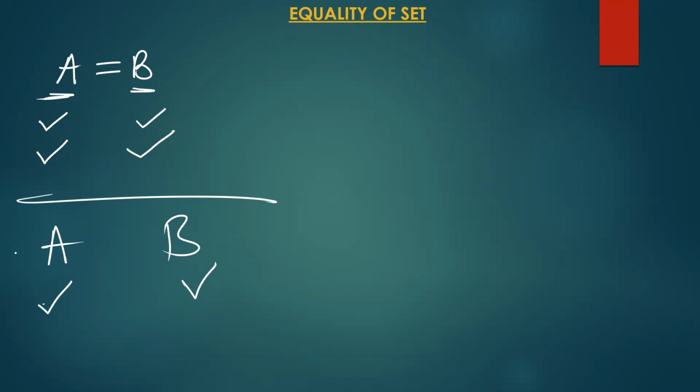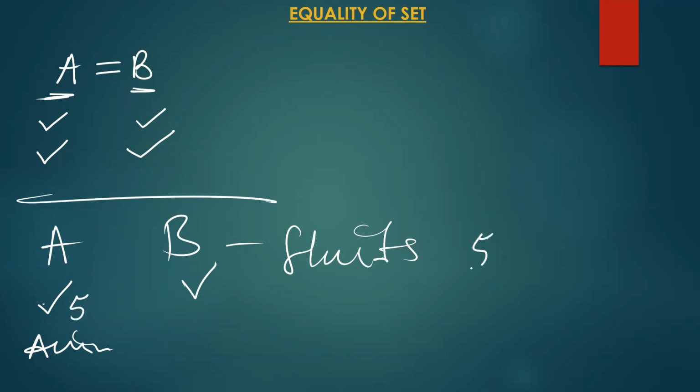So set A can be a set of animals and set B can be a set of fruits, but as long as set A has the same number of animals as the number of fruits in set B, we say set A is equivalent to set B. If we have 5 animals there and 5 fruits there, these two sets are equivalent.